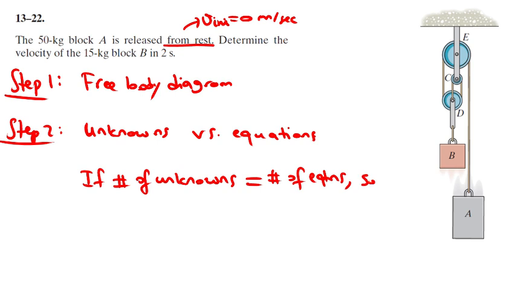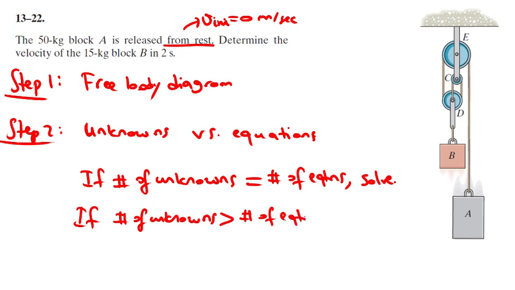If we have the number of unknowns more than the number of equations, then add an equation.